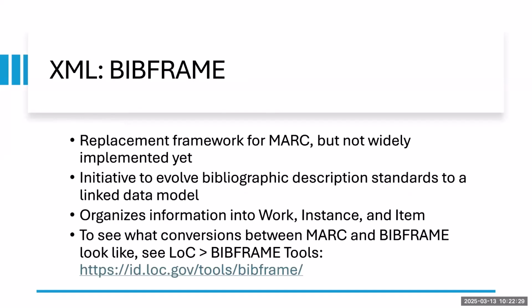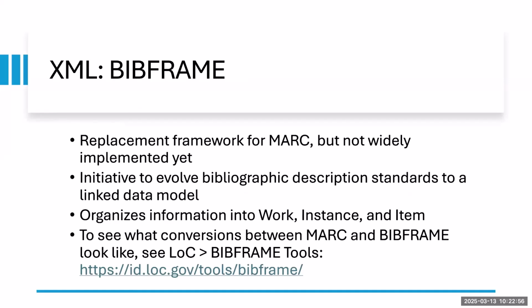And then XML BibFrame is kind of the future of what's going on in libraries. It's a replacement framework for MARC, but not widely implemented yet, if you're not working at the Library of Congress or working on some kind of a testing group or something like that. But it is an initiative to evolve bibliographic description standards and to linked data model.